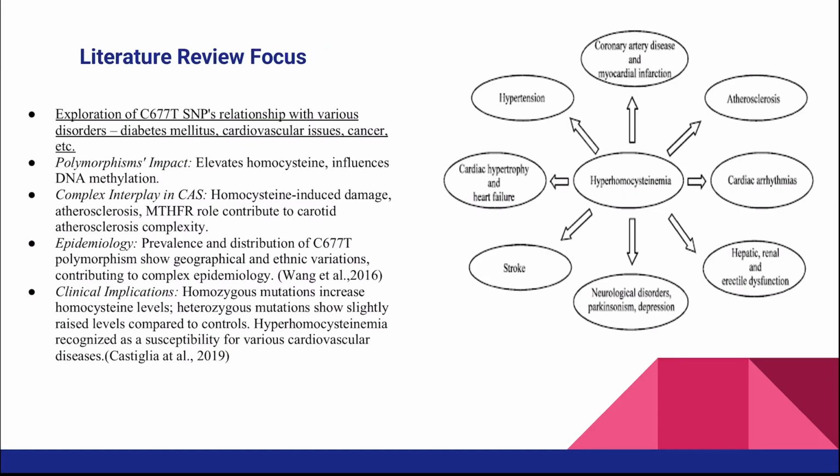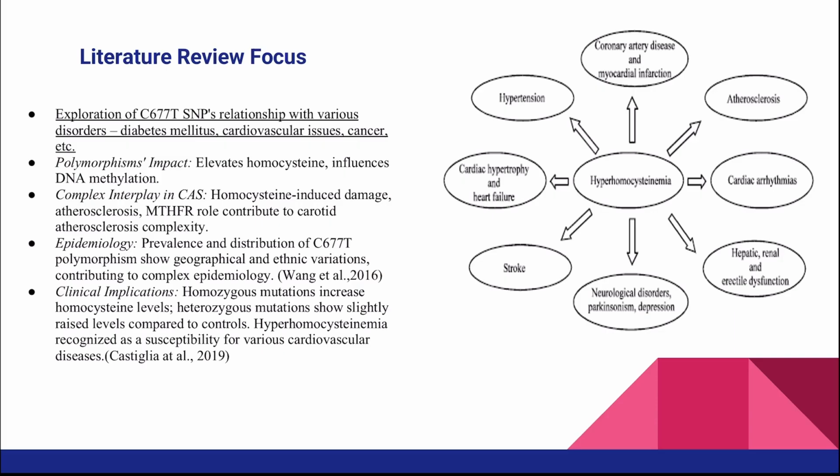What is the focus of our literature review? Our focus was to explore the relationship between the C677T genotype mutation, as a single nucleotide polymorphism, and various disorders, not only cardiovascular diseases, but also, for example, various types of cancers, diabetes mellitus, venous thromboembolism, pregnancy issues, and COVID-19 issues.